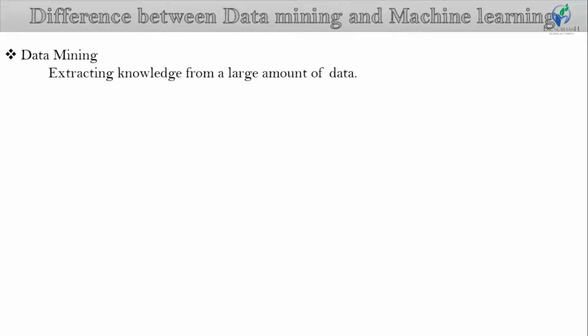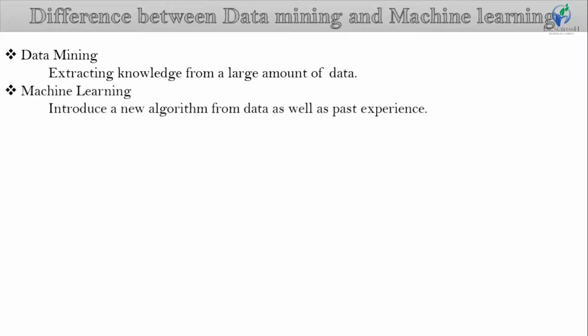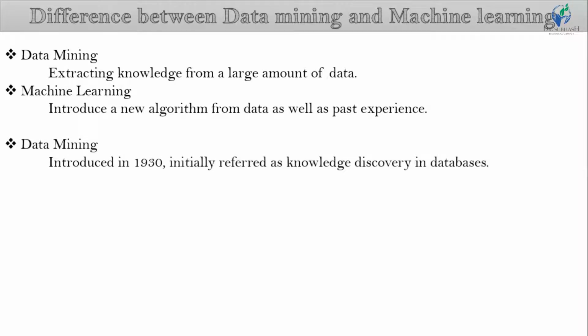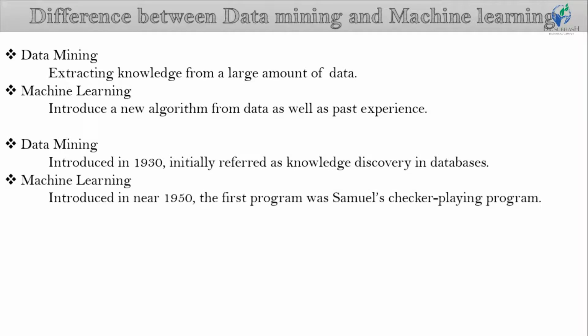In data mining, we can say it is extracting knowledge from a large amount of data. And in machine learning, we can say it is introducing a new algorithm from data as well as past experience. Data mining was introduced in 1930, initially referred to as knowledge discovery in databases, and machine learning was introduced in 1950. The first program was Samuel's checkers playing program.